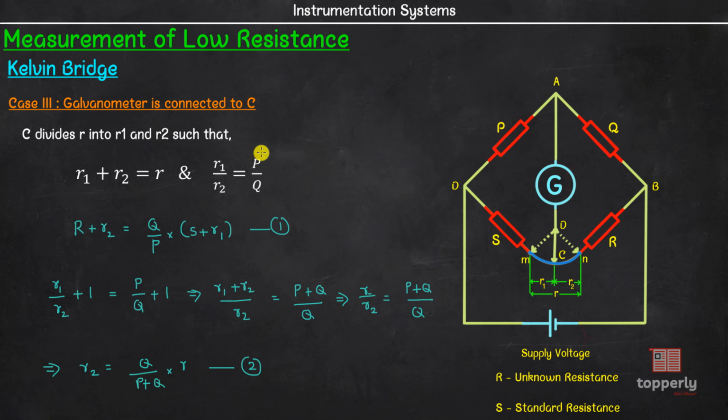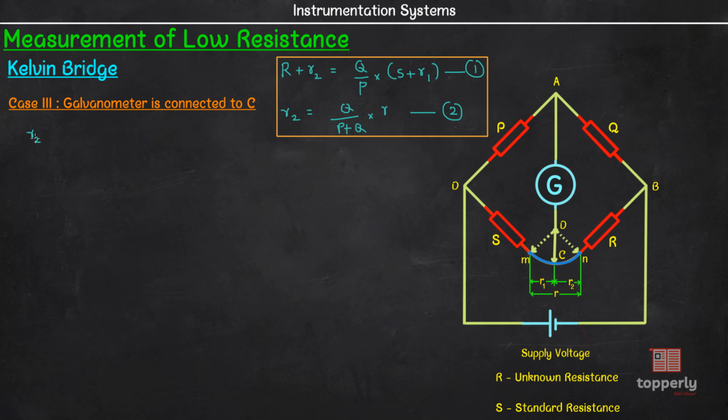Now we will again write this ratio but in inverted form, that is R2 by R1 equal to Q by P. And just like before, we will add 1 on both sides. Therefore, we have R2 by R1 plus 1 equal to Q by P plus 1, which gives us R2 plus R1 by R1 equal to Q plus P by P. And we know that R2 plus R1 is equal to small r.